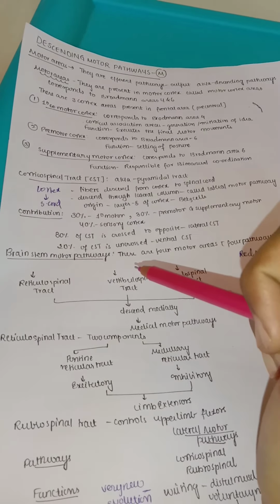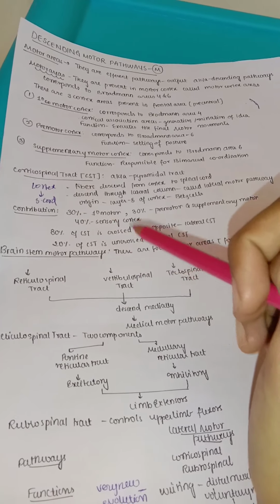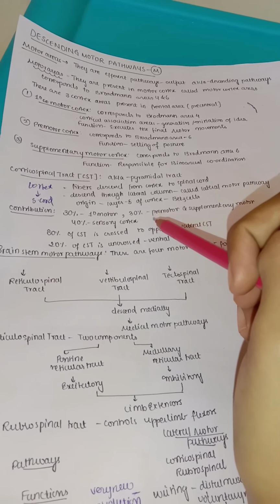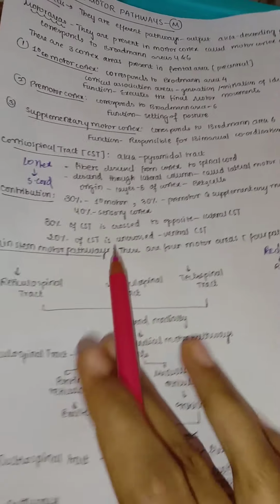Now let us see the contribution for this formation of corticospinal tract. Mainly we have 30% contribution from primary motor cortex, and 30% is from premotor and supplementary motor, and 40% is from sensory cortex.